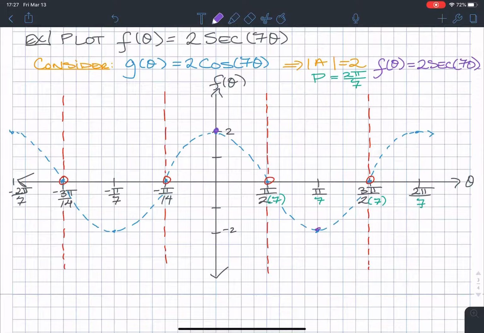And remember, I'm only taking the reciprocal of cosine, not 2, so it still has a height of 2. So we approach the asymptotes asymptotically from each peak and trough.